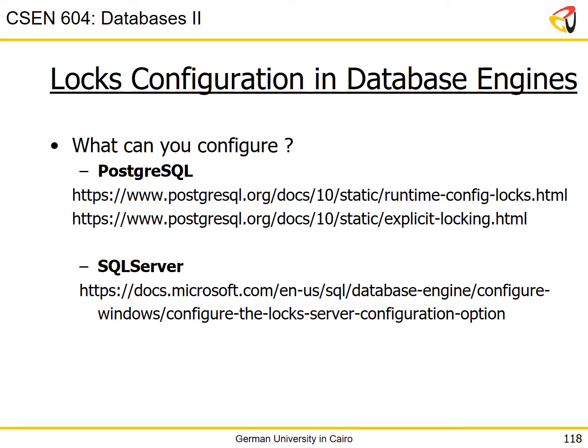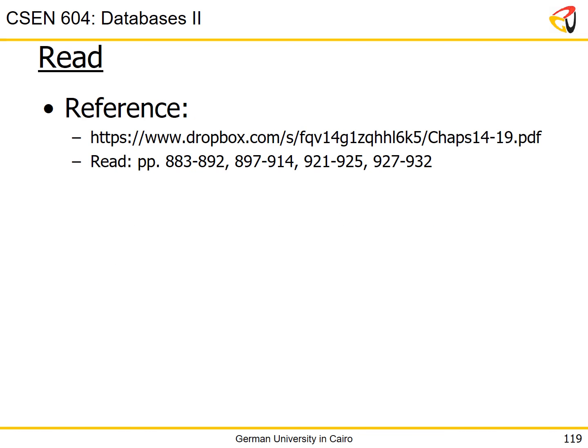Okay, so two-phase locking will not really work if you have lots of traffic to the database engine, because if you're running on Ubuntu, it won't allow you to make many lock requests in a very short duration of time. It would suspect that you're trying to bring the system down. So you'll have to again look at the operating system and figure out how to change the configuration. And these are the lecture slides, sorry, the pages that you need to read for this part of the course.